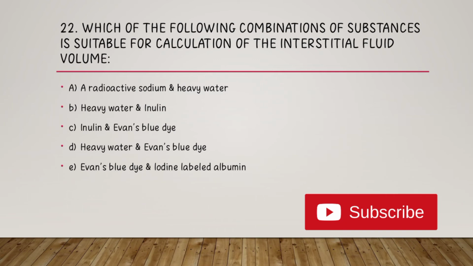A, radioactive sodium and heavy water; B, heavy water and inulin; C, inulin and Evans blue dye; D, heavy water and Evans blue dye; E, Evans blue dye and sodium labeled albumin. So what do you think is the right answer? The right answer here is Evans blue dye and iodine labeled albumin.